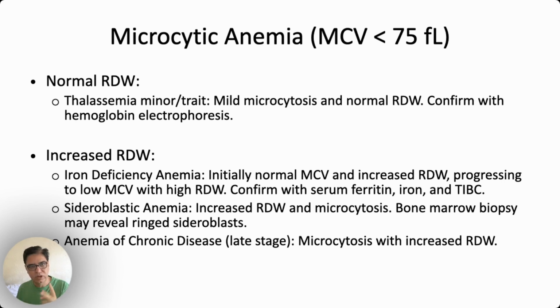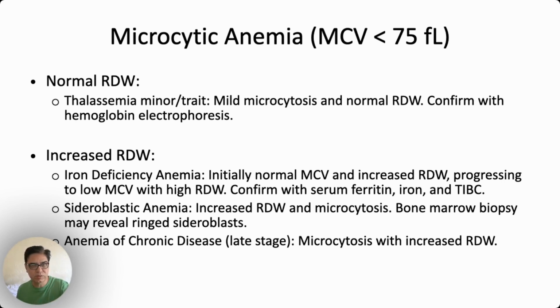Two possibilities. So if you've got microcytic anemia and you have got a normal red cell distribution width, you are probably dealing with what we call a thalassemia minor or a thalassemia trait. Remember, most of the time microcytic anemias are caused by iron deficiency anemia. And iron deficiency anemia is one of the most common causes of anemia in children, but not especially in the ER.